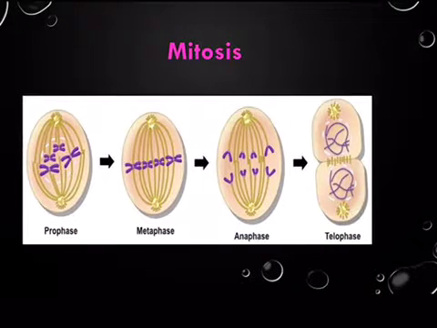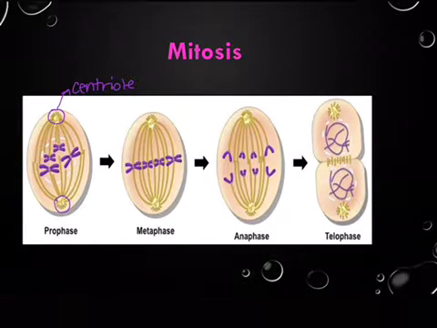So this is a little bit easier to visualize with a picture. So let's label some parts. So right here, this structure, that is a centriole. And there's only 2 of them, and they're both at the poles.